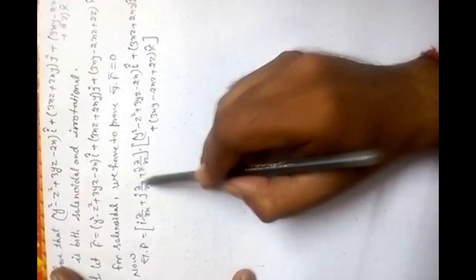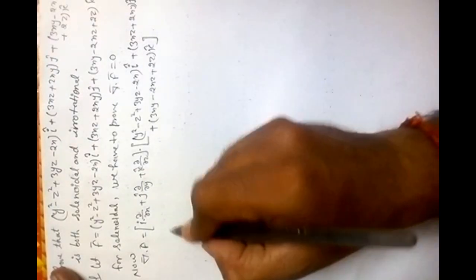So i dot i is 1, j dot j is 1 and k dot k is 1.